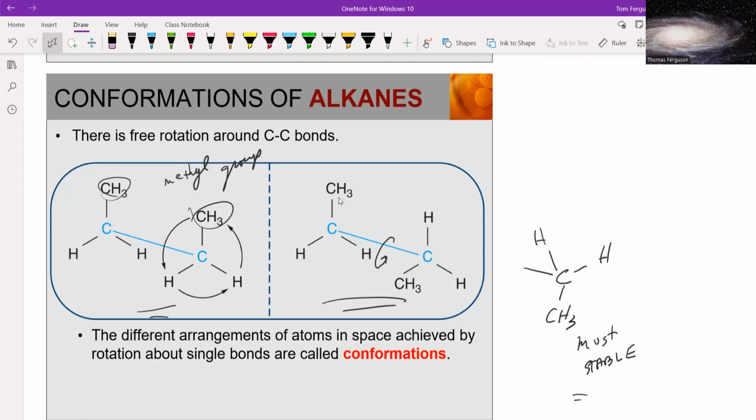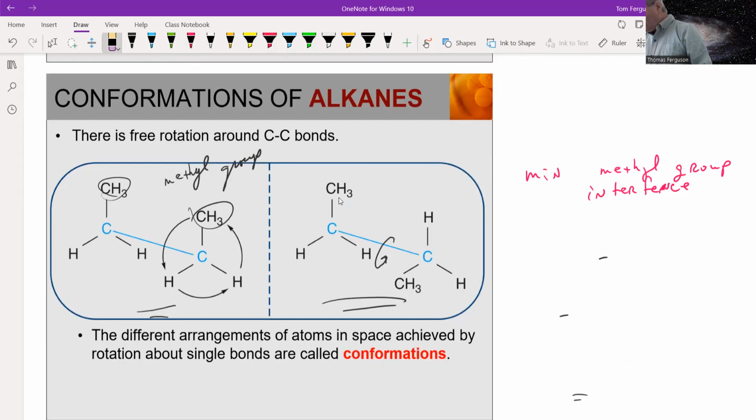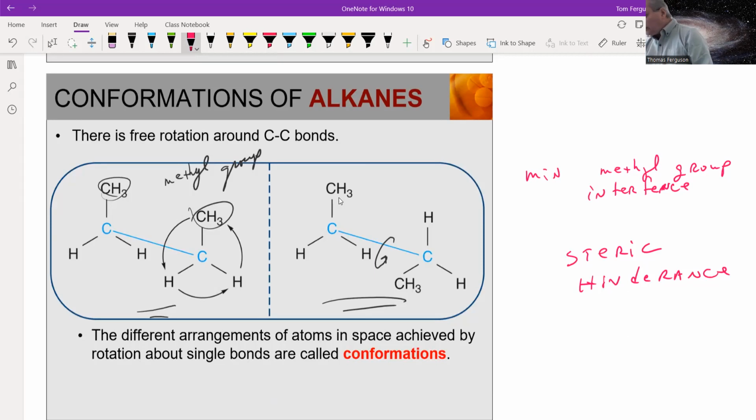What carbon-carbon rotation does is minimize methyl group interference, and the fancy name for that is steric hindrance.